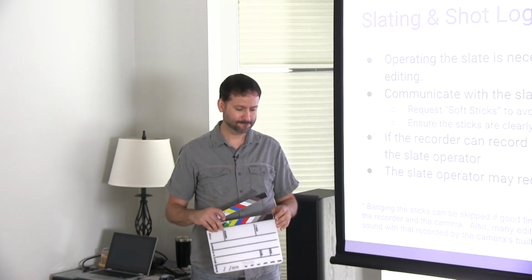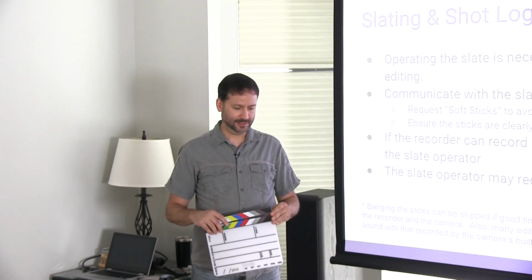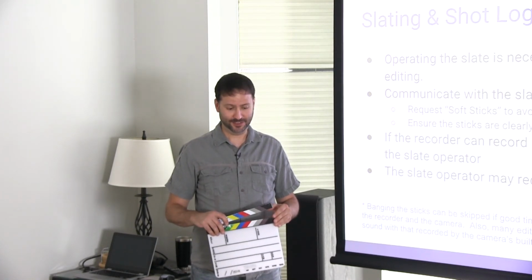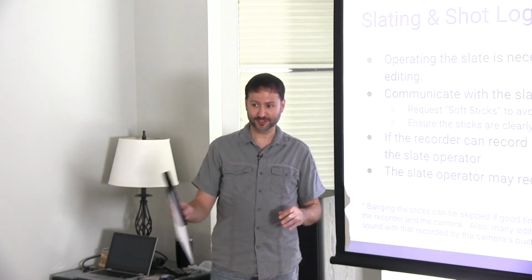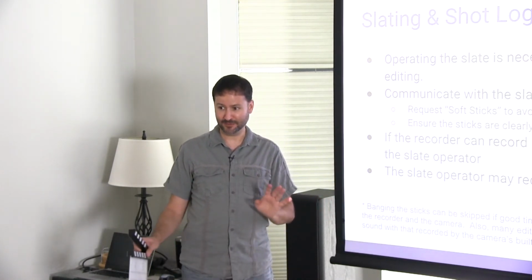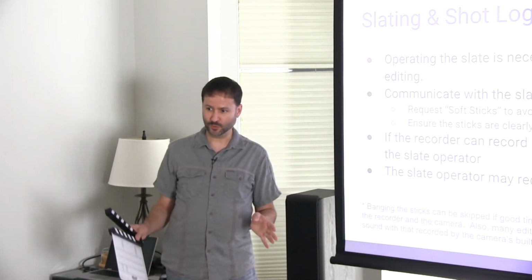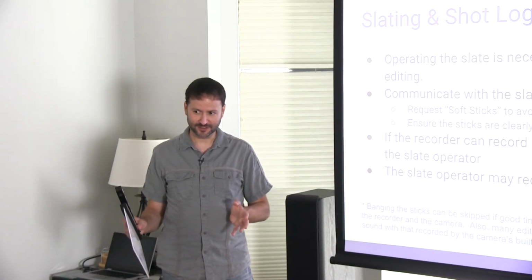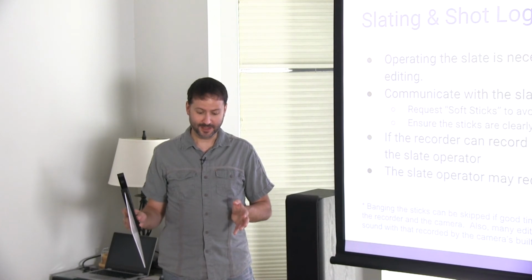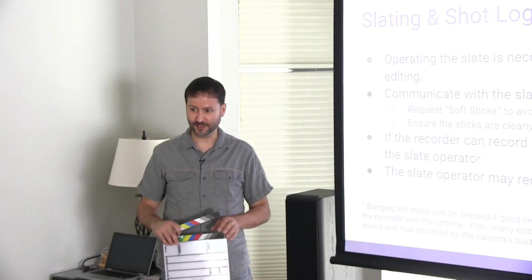And I think the assistant director is supposed to say something like ready, so that the director knows that it's his game now. And he's going to watch the actors and let them do their thing, wait for them to be settled. And then at his leisure, he's going to call action.